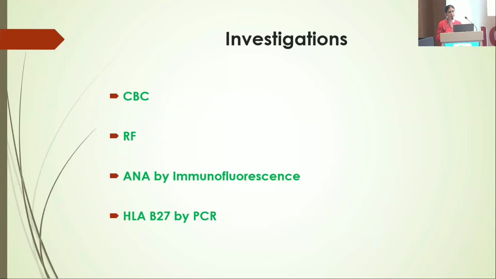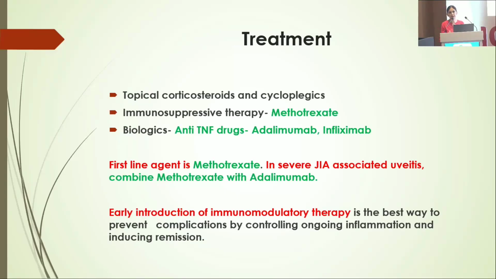To investigate such a child, kindly order a CBC, rheumatoid factor, ANA, which should be done by immunofluorescence, and HLA-B27, to be done by PCR method, not by flow cytometry. Treatment for this case, first line agent is methotrexate, apart from the treatment which you are doing for the ocular part.